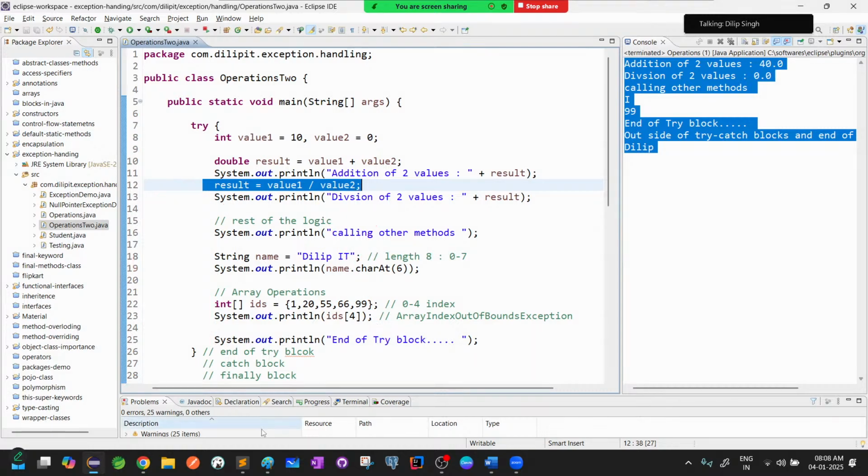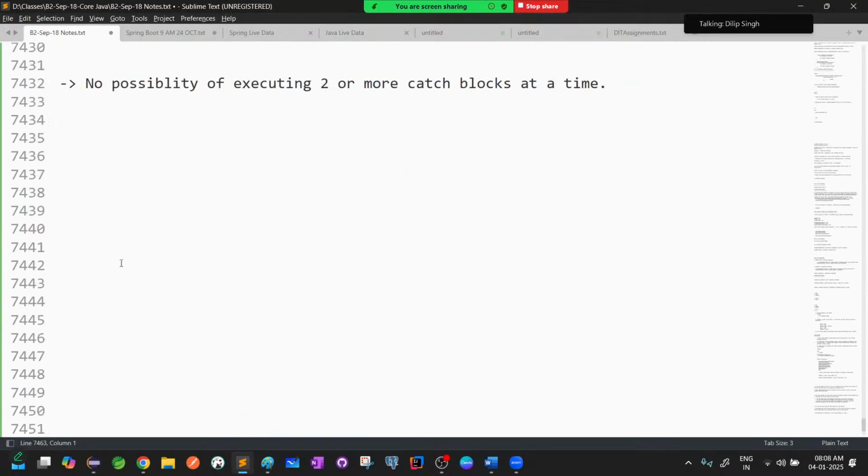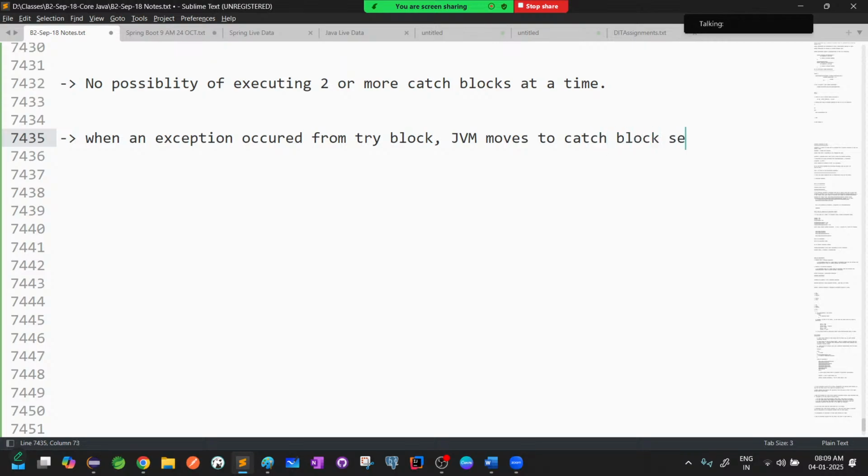No. So the point you have to understand is, when an exception occurred from the try block, JVM moves to the catch block section and found the associated catch block.